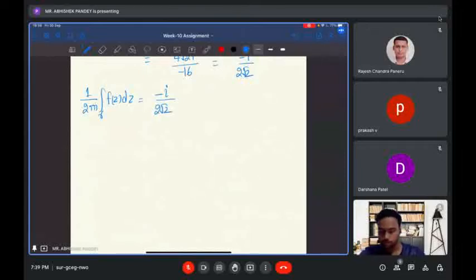Now basically this integral you can separate.